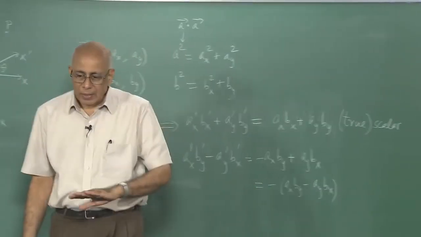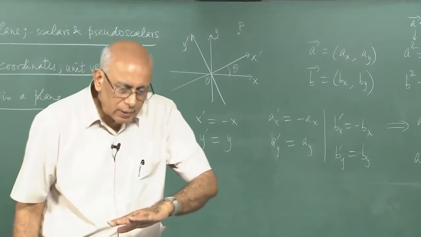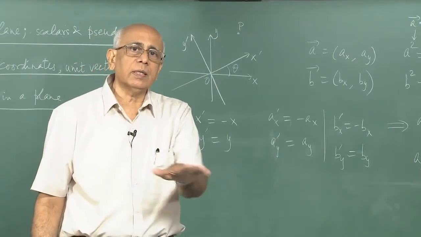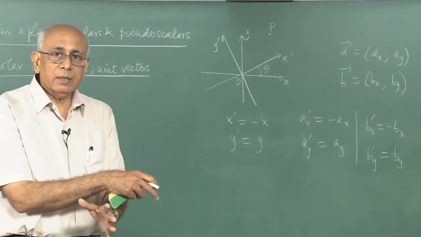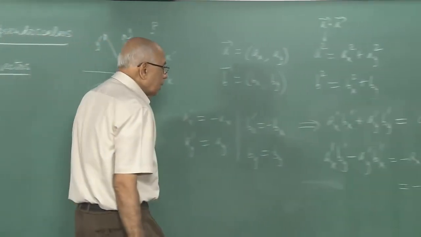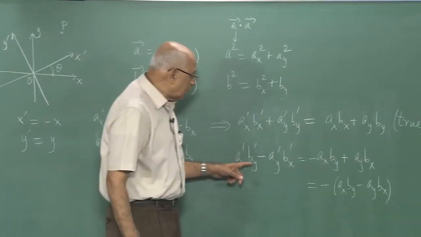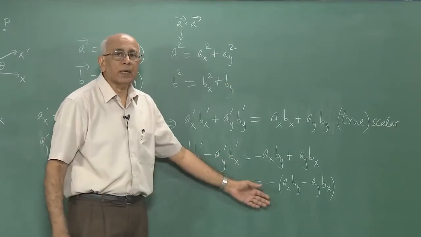So under a proper transformation, and a rotation is called a proper transformation because you can continuously start from the original coordinate system and go to the new coordinate system smoothly, whereas a reflection is a sudden transformation, if you like, a discontinuous transformation. Under a proper rotation this remains like a scalar, but under a reflection it changes sign.